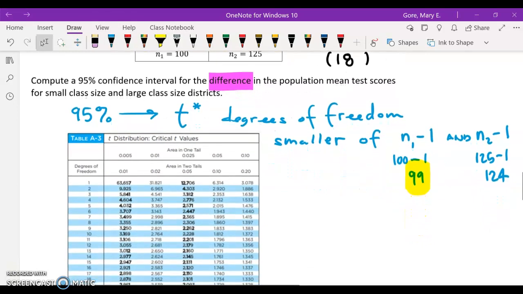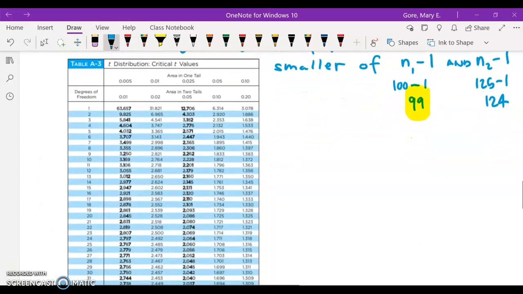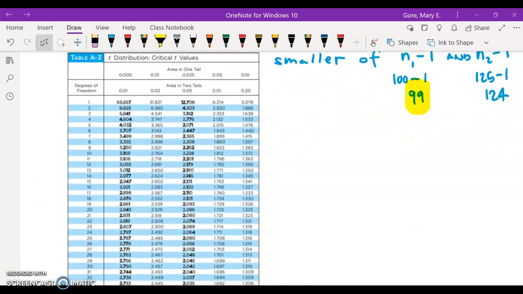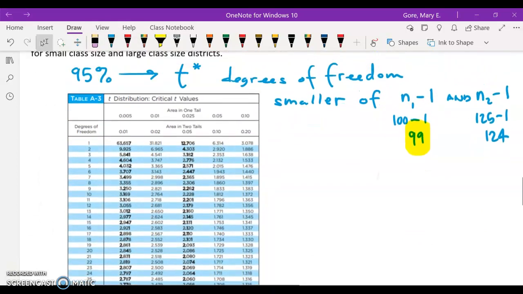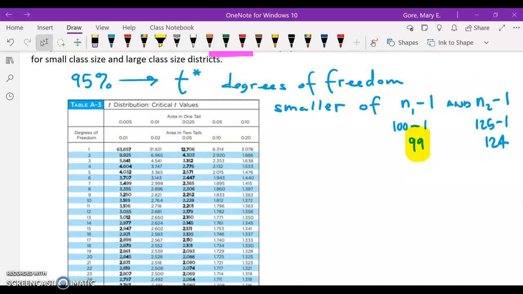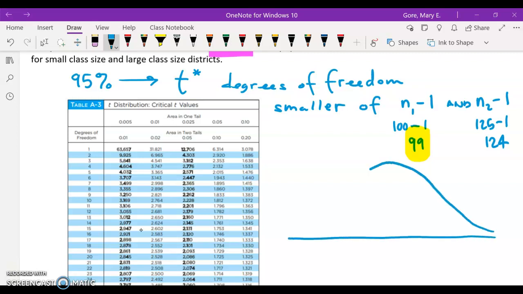So another thing we need to sort out while working with this table, which is, degrees of freedom is going to help us determine which row we should use. We'll speak about that shortly. Also, we need to know which column we're going to be using. And so for a 95% confidence interval, we want to trap, it's just a rough sketch here, 95% in the center.